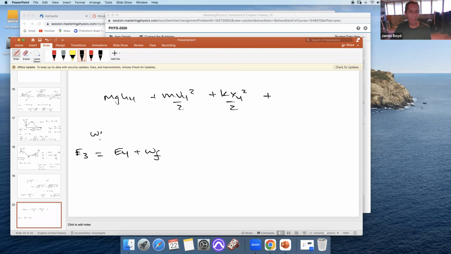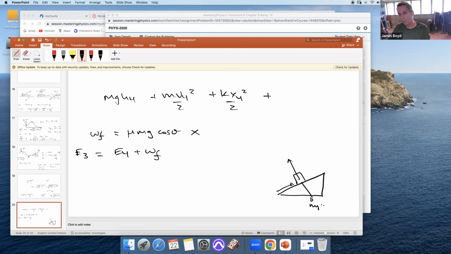The work of friction is mu mg cos theta times x. So note, as we slide up this ramp, our normal force is mg cosine theta, and the distance we travel is x, okay?